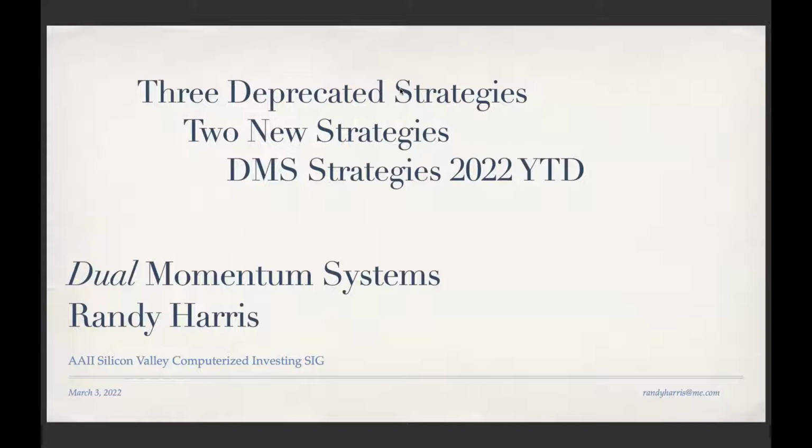So what I've got tonight is kind of three little things: the 3 deprecated strategies, the 2 new ones, why that happened, and where that leaves us right now, and then how things look year to date. I've got a lot of slides, but I'm going to be a little quick going through this.